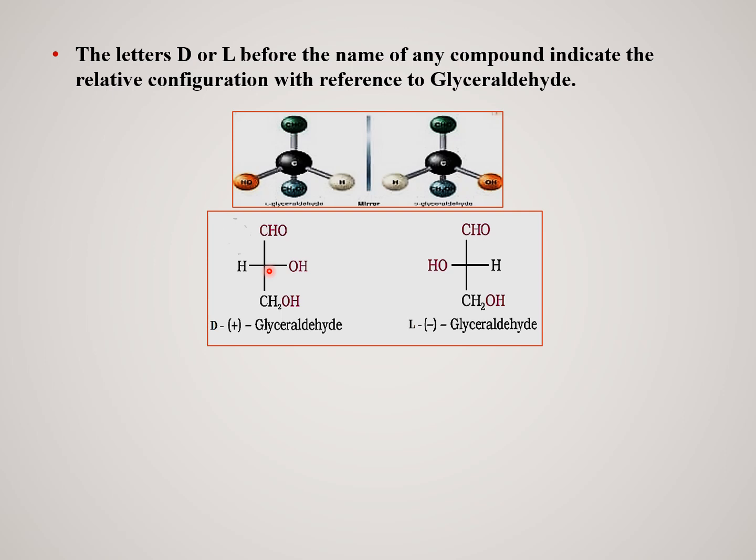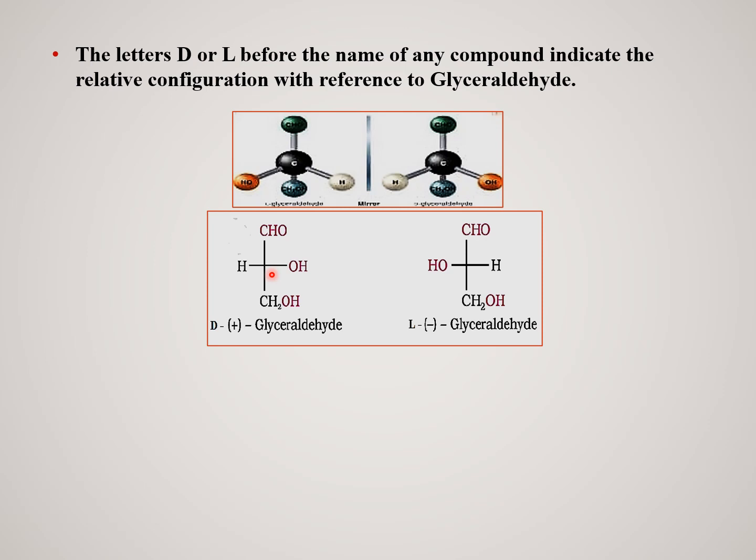Why is it chiral? I want you to understand again. This carbon atom is bonded to 4 different groups. Which are they? Aldehyde, hydrogen, CH2OH, and alcohol. So the second carbon atom is chiral.